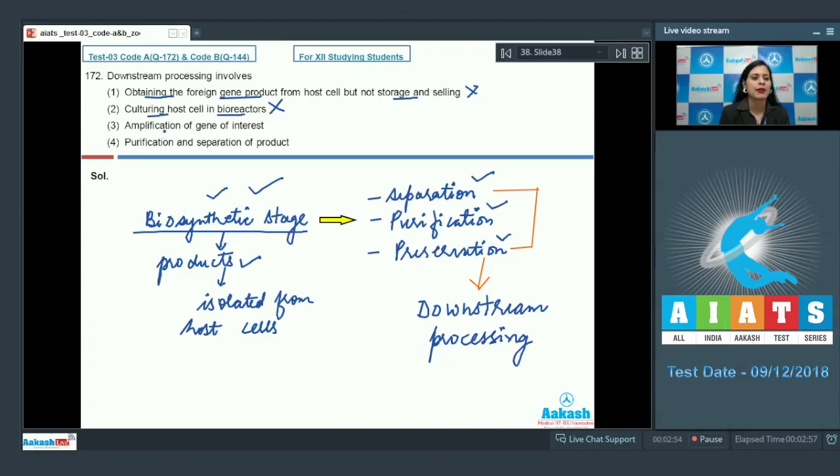The next option is amplification of gene of interest, and this is also an incorrect option because amplification of product also occurs during biosynthetic stage. The next option given is purification and separation of product, and this is the correct answer to our question because downstream processing involves separation, purification and preservation of product. So the correct answer is option number 4. Let's discuss our next question.